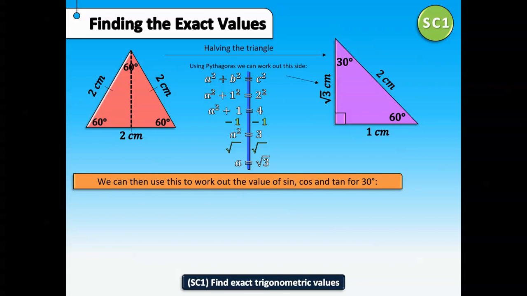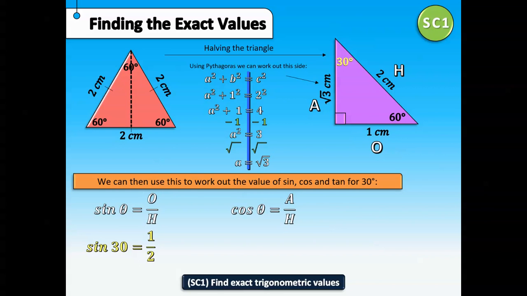If we start by working out 30 degrees, so if we highlight that 30-degree angle, that means that 2 centimetres is the hypotenuse, 1 centimetre is the opposite, and root 3 is the adjacent. So sine 30 is opposite over hypotenuse. So sine 30 is 1/2.